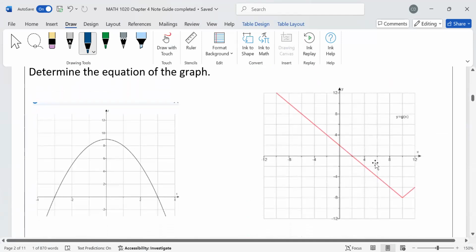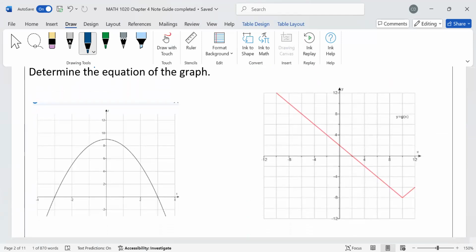Determine the graph of the equation. So first thing we need to do is determine what is the parent function, what is the original. Okay. So given the shape of this one, the original is x squared. So if it was x squared, it would be something like this. So if we take this, the vertex, it's moved here, that's at 9.